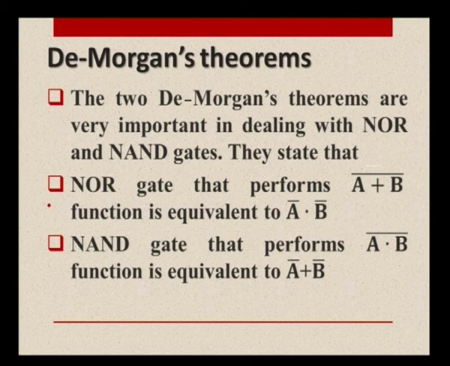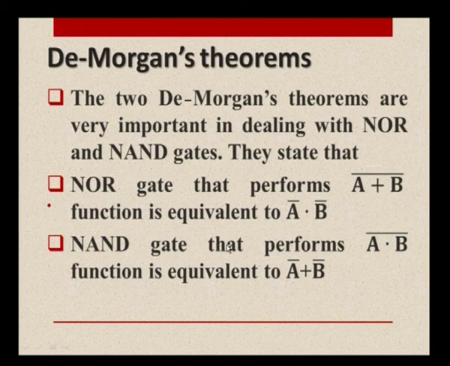They state that a NOR gate that performs the function (A plus B) whole complement is equivalent to A complement and B complement. We will have a look at the typical expression, but let us read out the statements because they are given as the theorems.